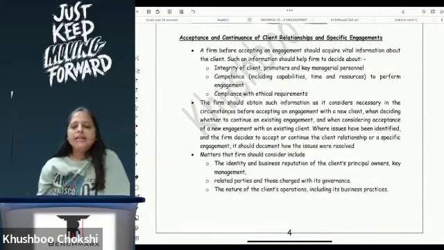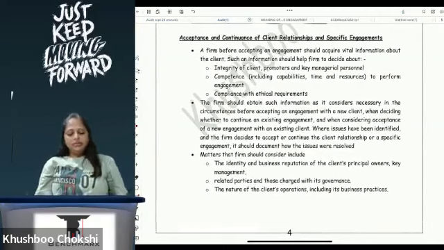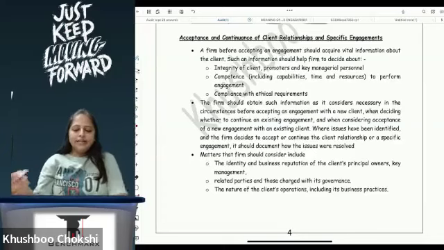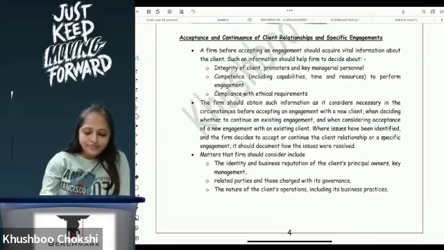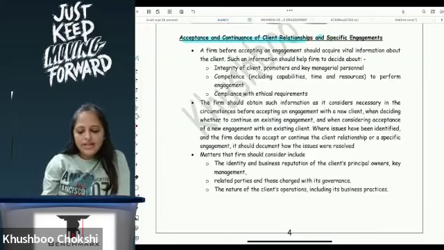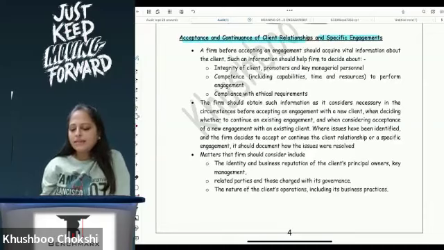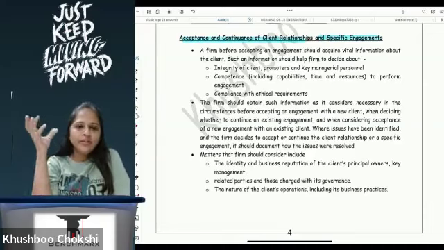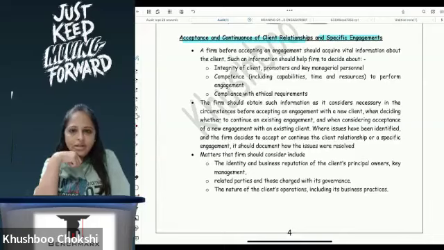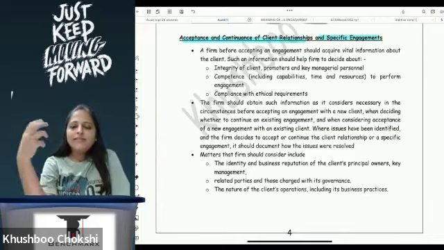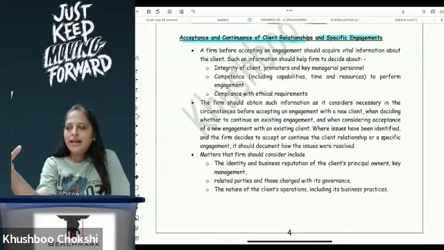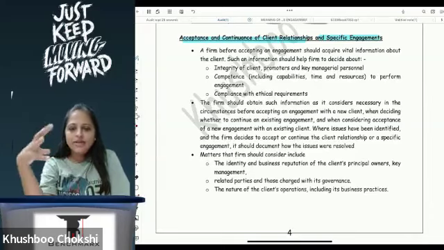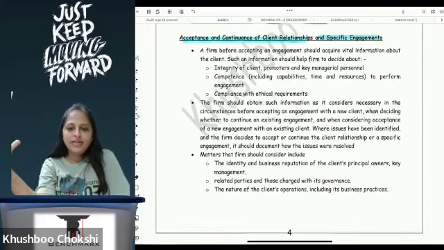Okay. Now here, acceptance and continuance of client relationships and specific engagement. So as a partner, as a firm, when I am accepting a client, I will do a thorough research on my client, correct?